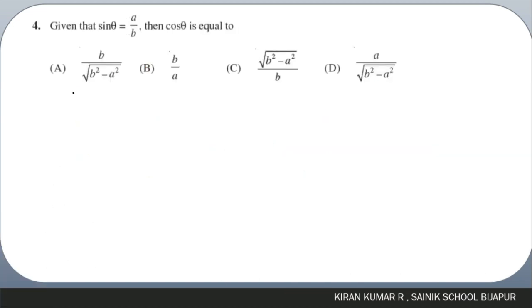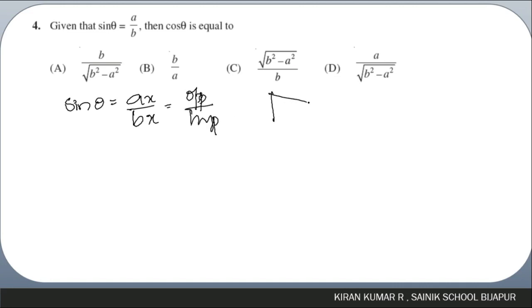Question number 4. Sin theta is A by B, then cos theta is equal to. Sin theta is A by B. I'll take as something AX by BX, where X is some real number. We know the sin theta value is opposite side by hypotenuse.